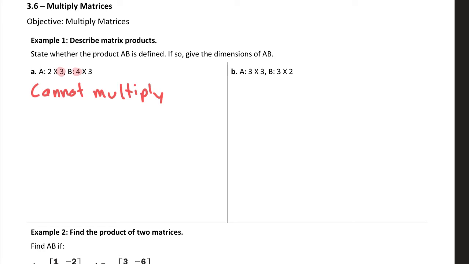So in this next example, if we look at the columns of A and the rows of B, that allows us to multiply these matrices. So we can say this product is defined.